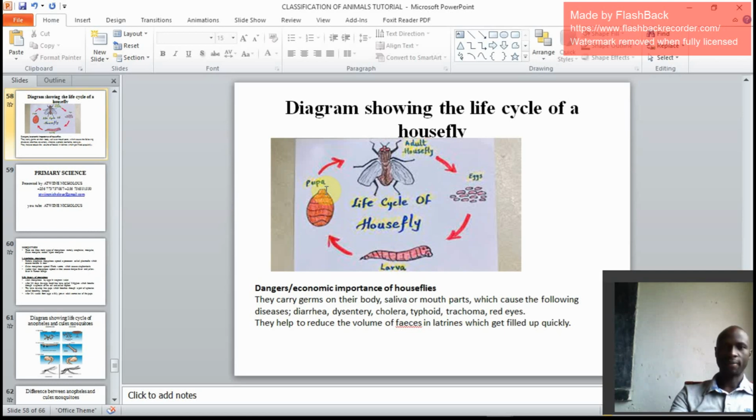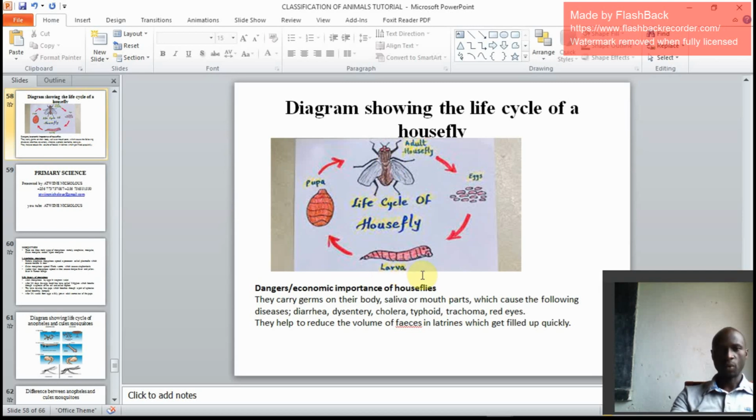Then larva will develop into pupa. Pupa will develop into an adult housefly. That is the life cycle of a housefly. Eggs will go into larva, then larva are scientifically called maggots, then to pupa, finally adults.